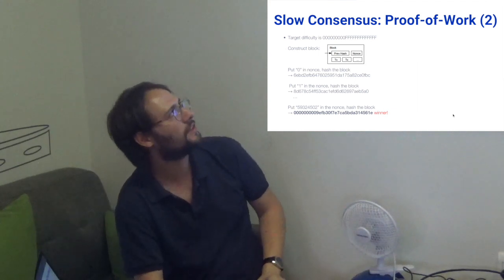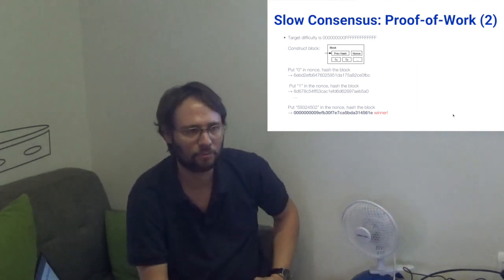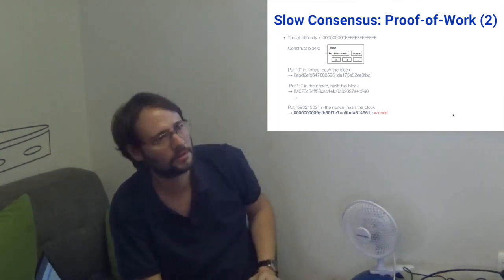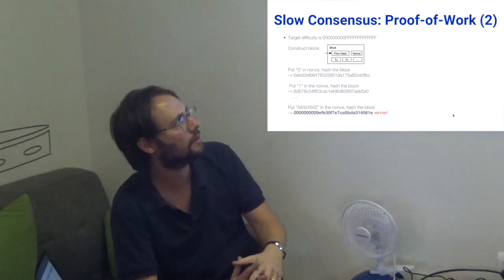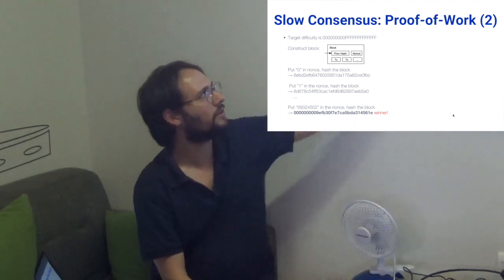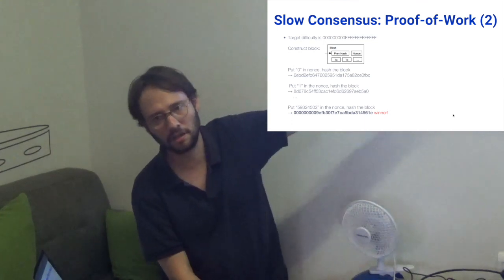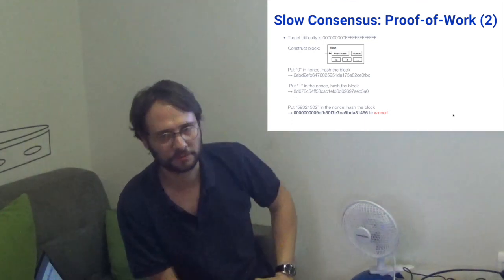And now we say that the difficulty for the proof of work is this number. That's a number in hexadecimal representation, but it's still a number. And any number that has this amount of zeros in the beginning is equal or smaller than that number.